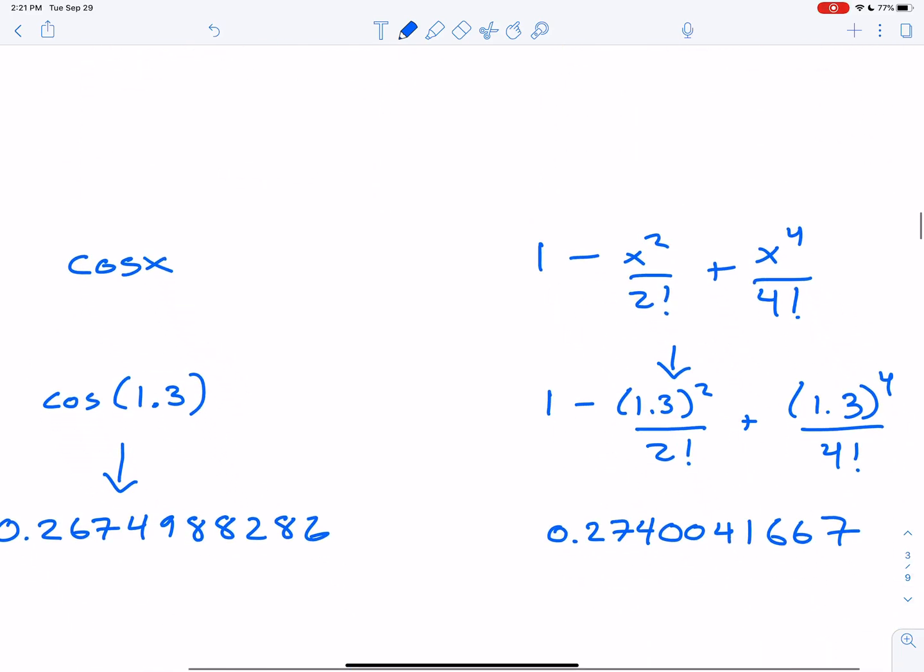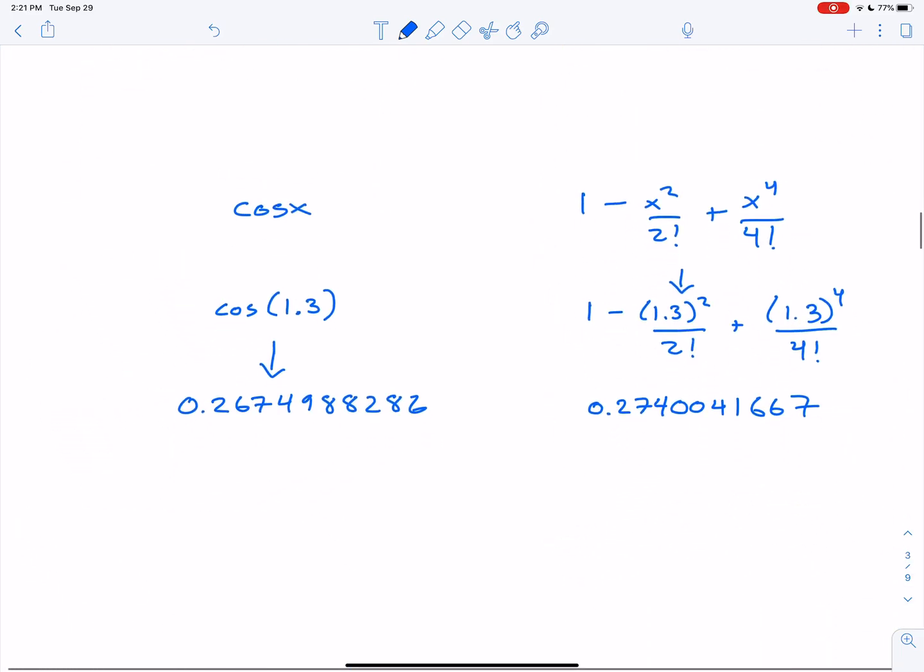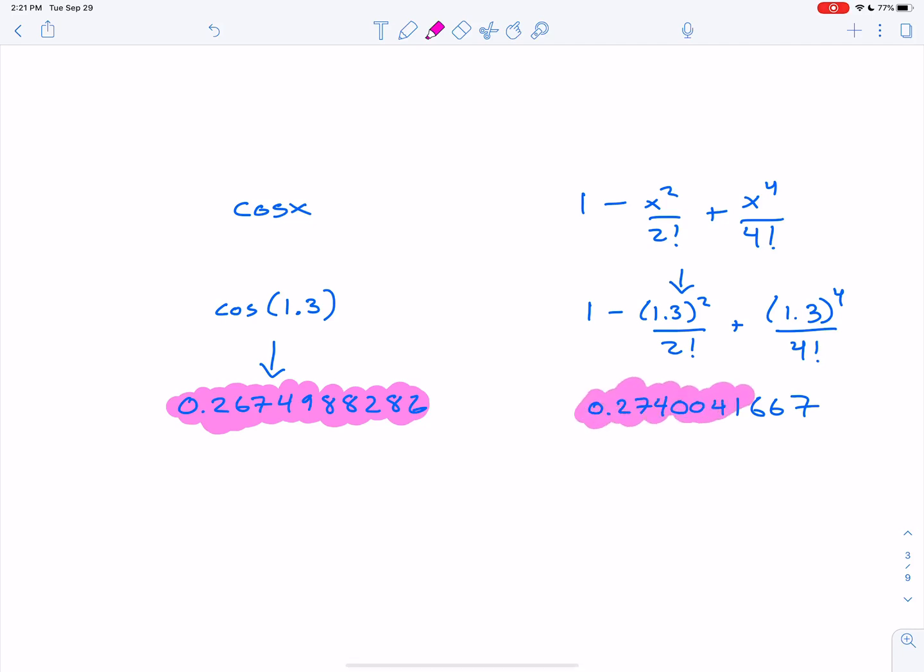So this is what you should have gotten. If you were to type in cosine of 1.3, you would have gotten about 0.26749882886. I didn't round it. Now, if you were to use our polynomial lookalike, you would have gotten 0.27400416667.